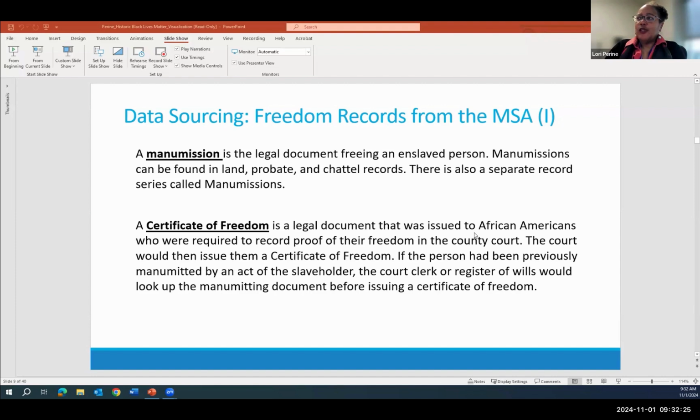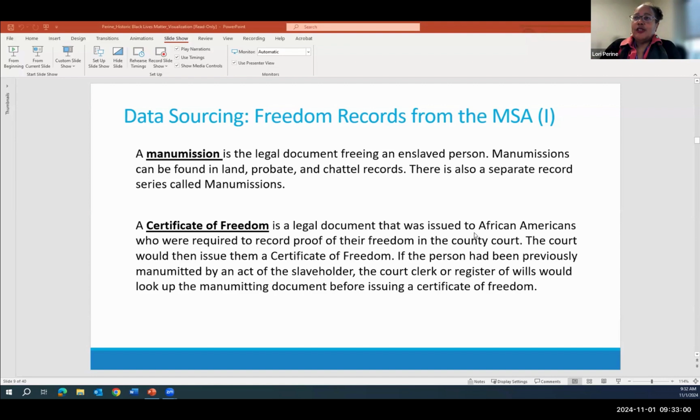The certificates of freedom, which to my knowledge are fairly unique to the state of Maryland, were similar to the types of passes that were created in South Africa during the apartheid era. Because there were so many freed African Americans in addition to enslaved in the state of Maryland, folks had to have a way to prove that they had in fact been manumitted.